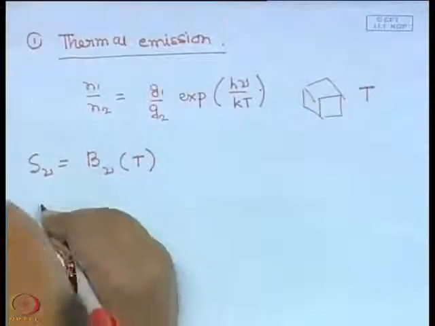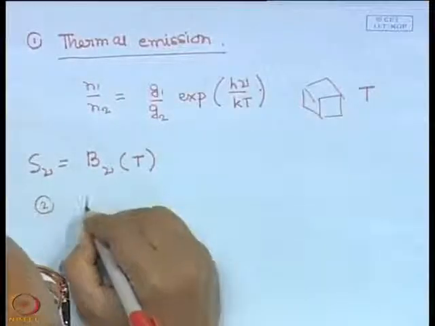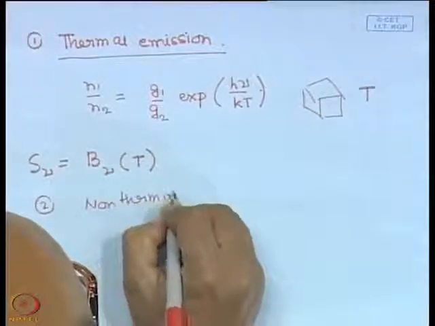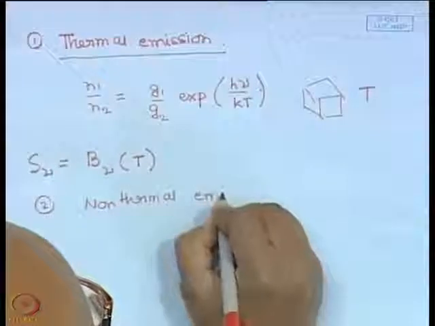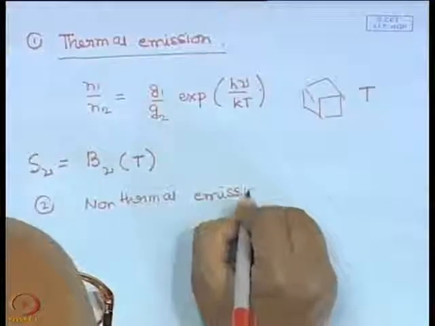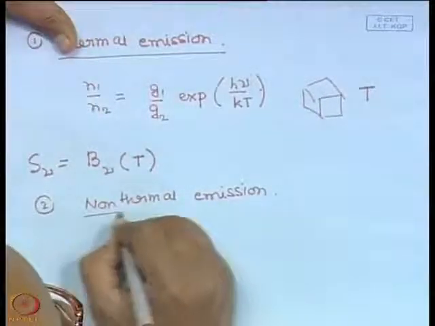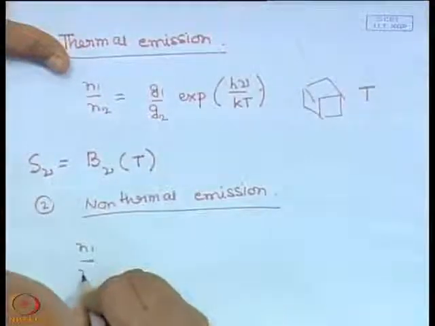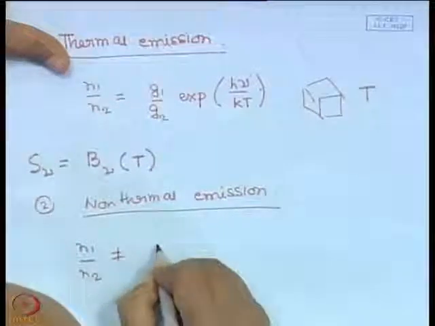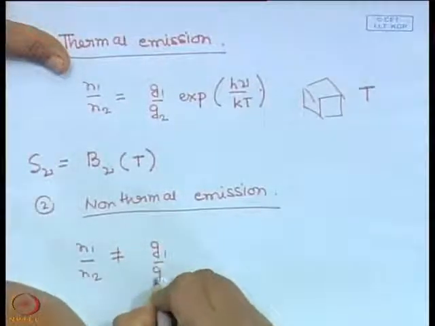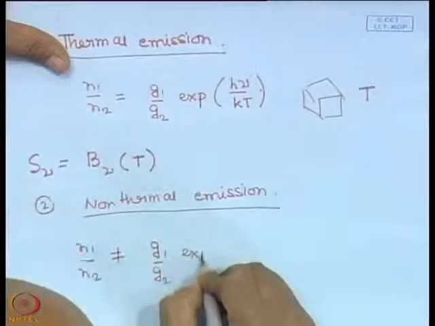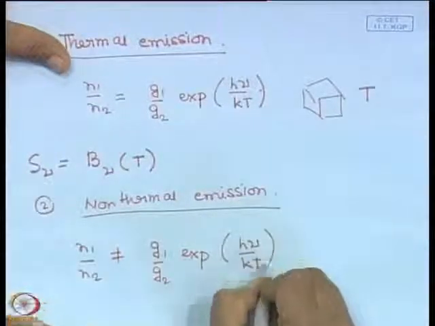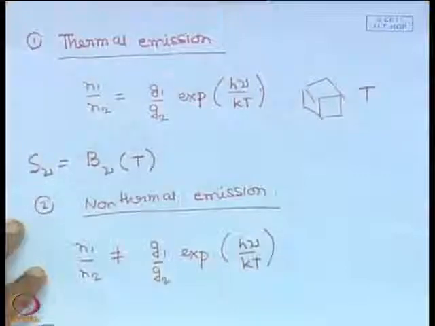Now, the second possibility is non-thermal emission. Here, this refers to any situation where N1 by N2 is not equal to G1 by G2 exponential, it does not have the Boltzmann form.